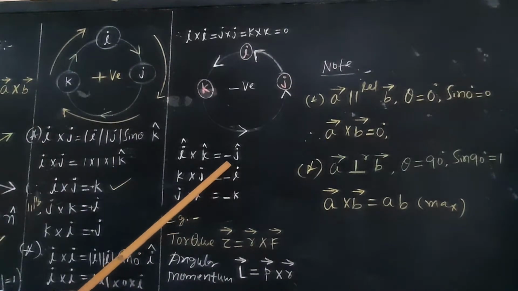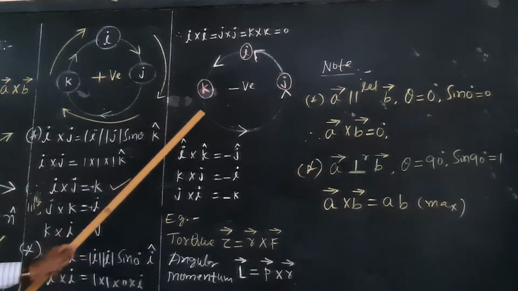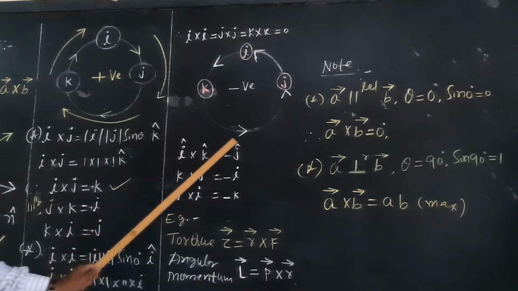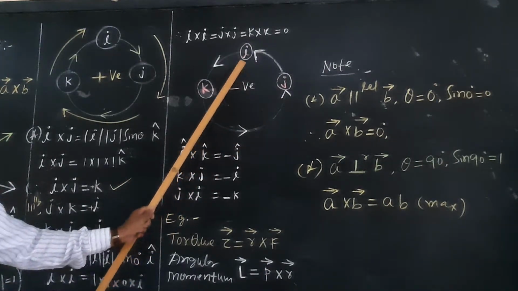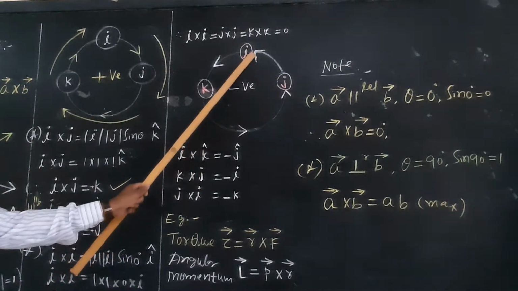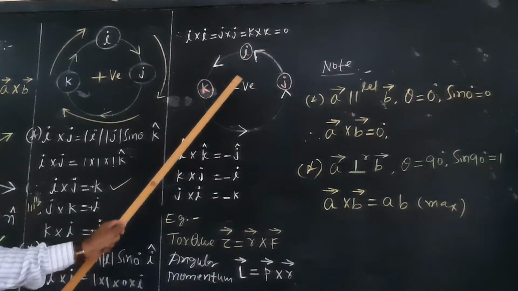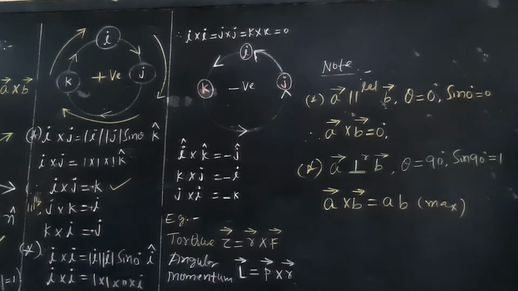In the opposite direction, you will get minus J. Similarly, K crossed with J, you will get negative I. Similarly, J crossed with I, you will get negative K. This is the concept.